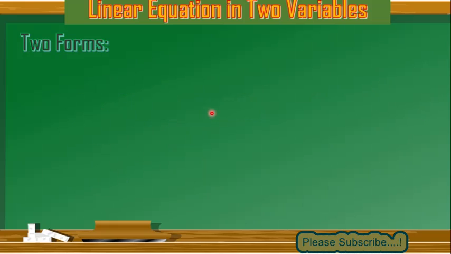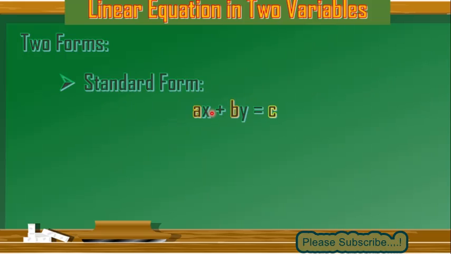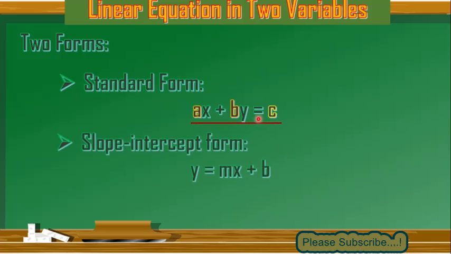In linear equations in two variables, there are two forms. Number one is the standard form, ax plus by equals c. The second one is the slope-intercept form, in which the formula is y equals mx plus b.